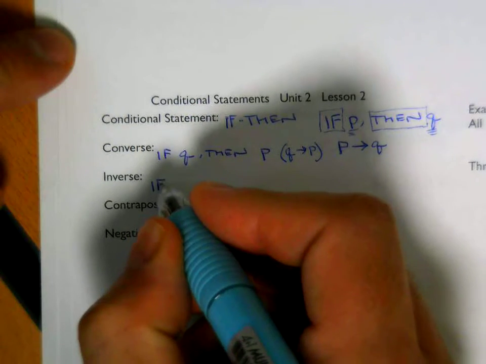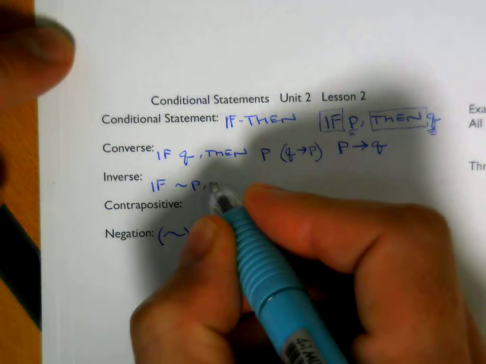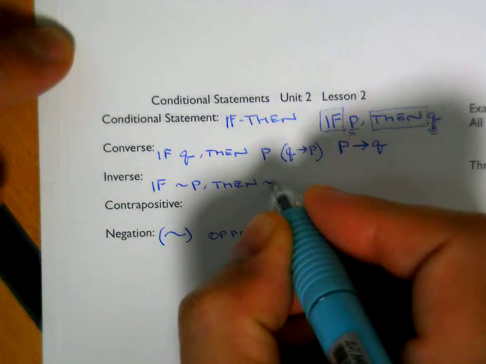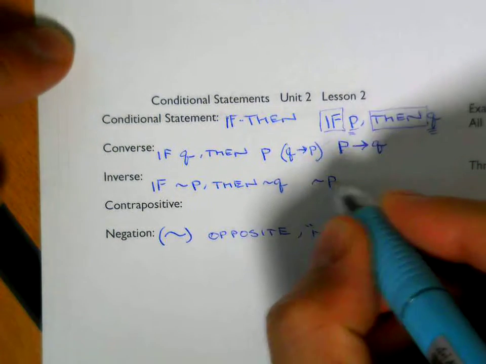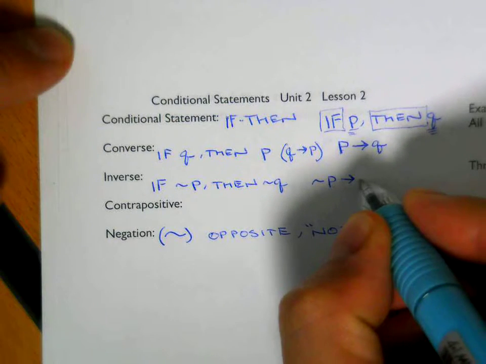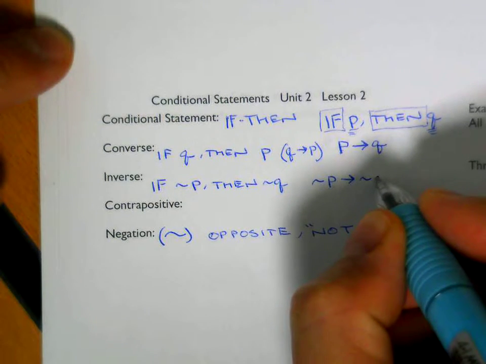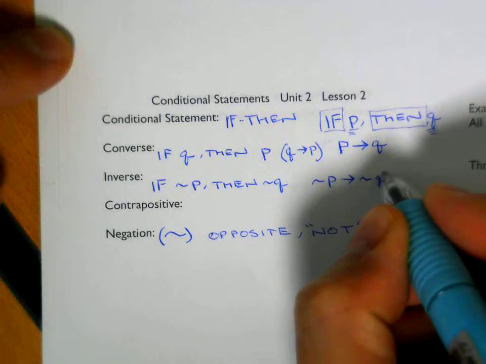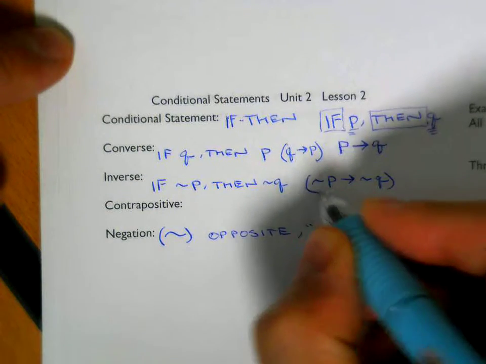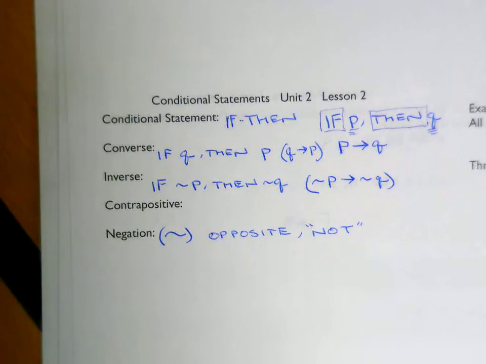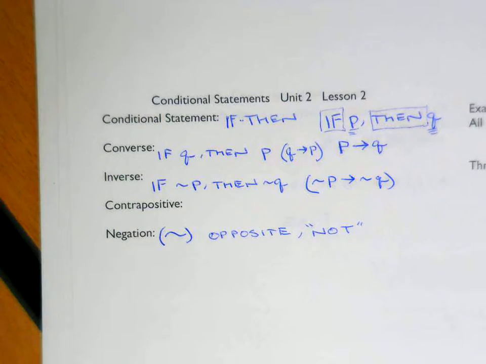So sticking with if P then Q, this would be if not P, then not Q. If I don't love math, then I won't get an A, would be a way that we say it.